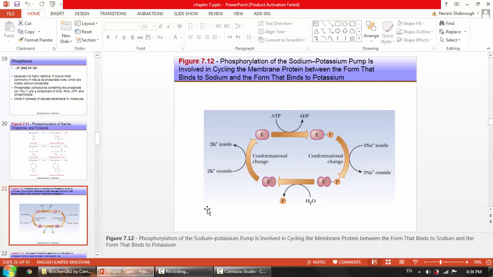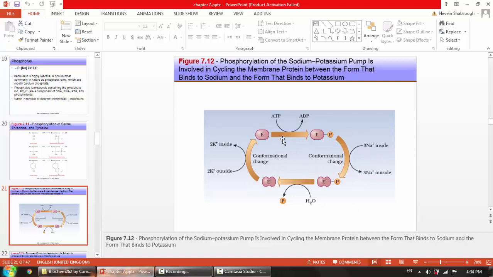in the pump itself, as you can see here, ATP donates a phosphate group to an aspartate residue 369 as part of the mechanism, and this causes a conformational change in the enzyme.